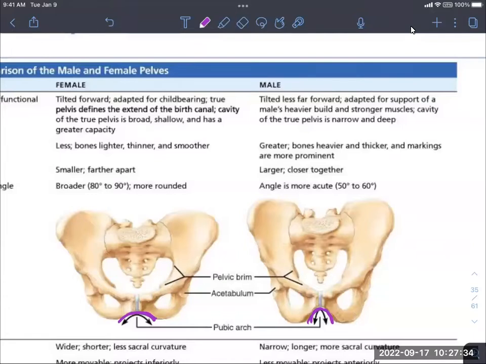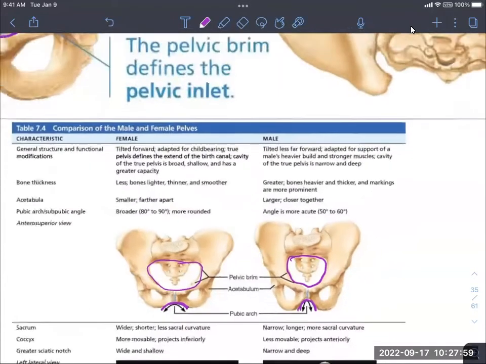The female, that pubic arch is very wide. On the males, it is very small. But if we also look at this in here, it's pretty narrow. Through here, it's a lot wider because again, a baby needs to fit through there in a female that it doesn't need in a male.